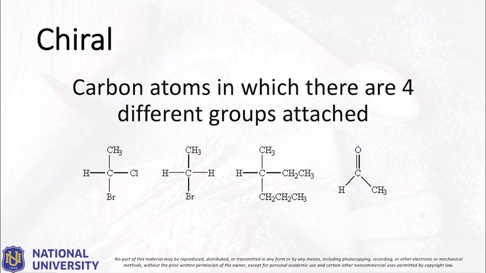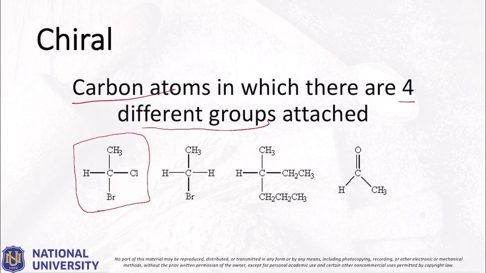So here, let's determine if these molecules are chiral or achiral. First, this one. Again, when we say chiral, there must be 4 different groups attached to the carbon. So, it's easy, right?